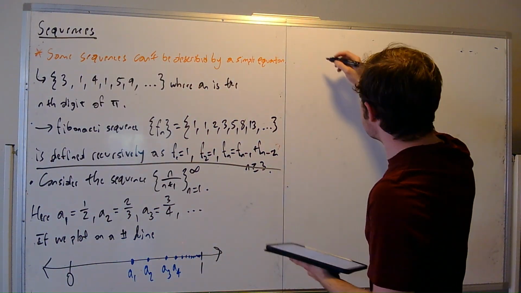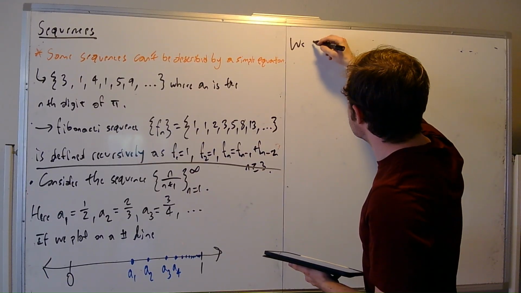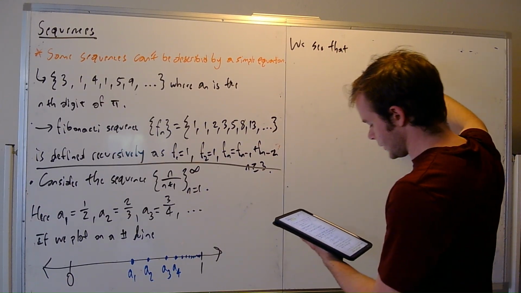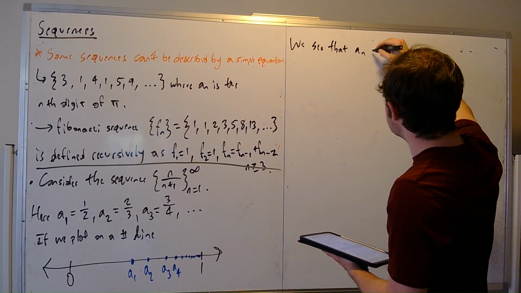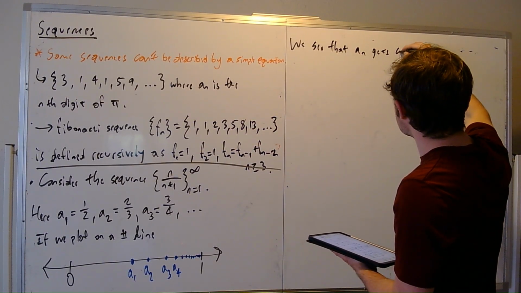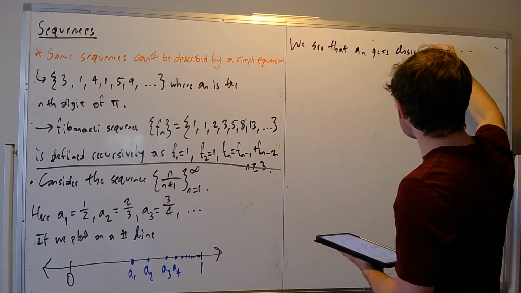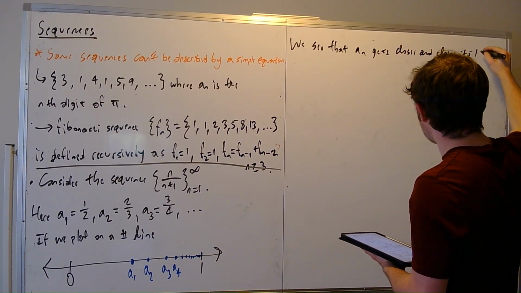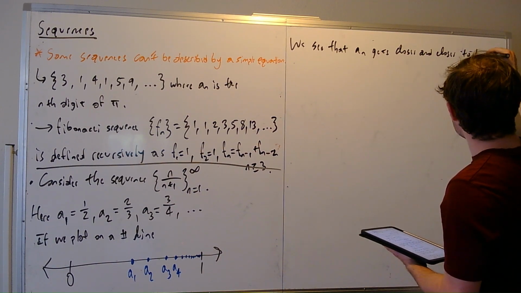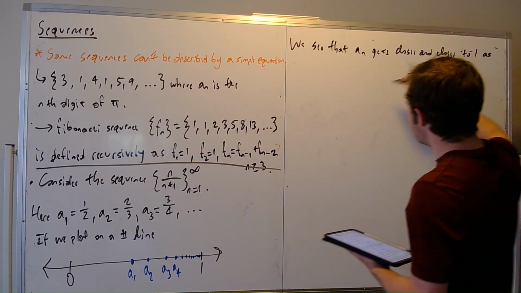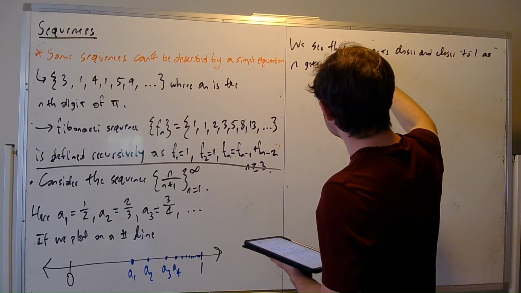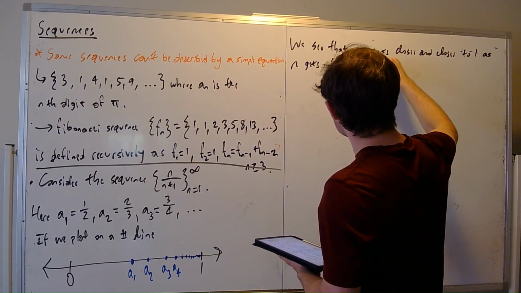So we see that an gets closer and closer to 1 as n gets larger and larger.